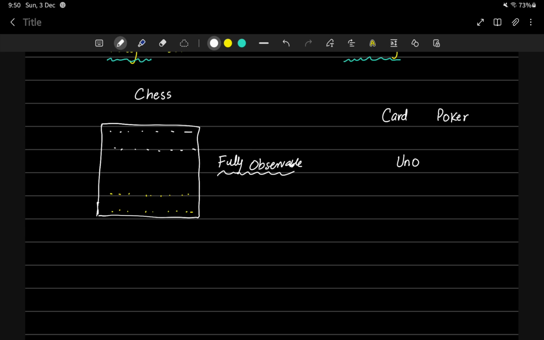Do note the word uncertain here, because sometimes there might be cases where you have some idea about the whole world, but you are not 100% sure. You are uncertain about it. So that also comes under partially observable environment, right?